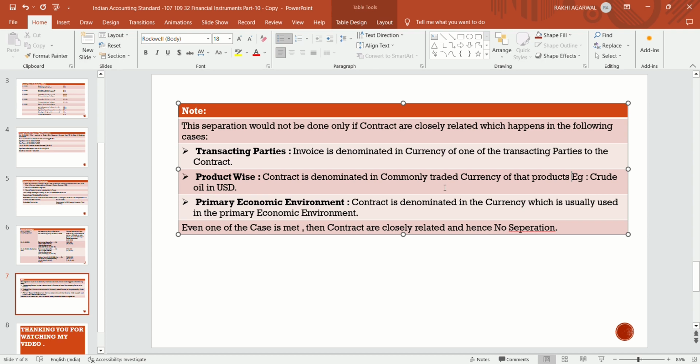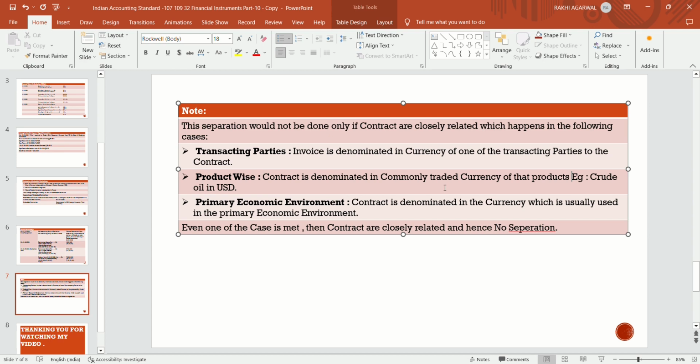They are making contracts in USD only, not in their own currencies. So primary economic environment also plays an important role in this. Separation would not be done if the contracts are closely related, which happens in the following cases. These are the exempting transactions in which split accounting is not possible.